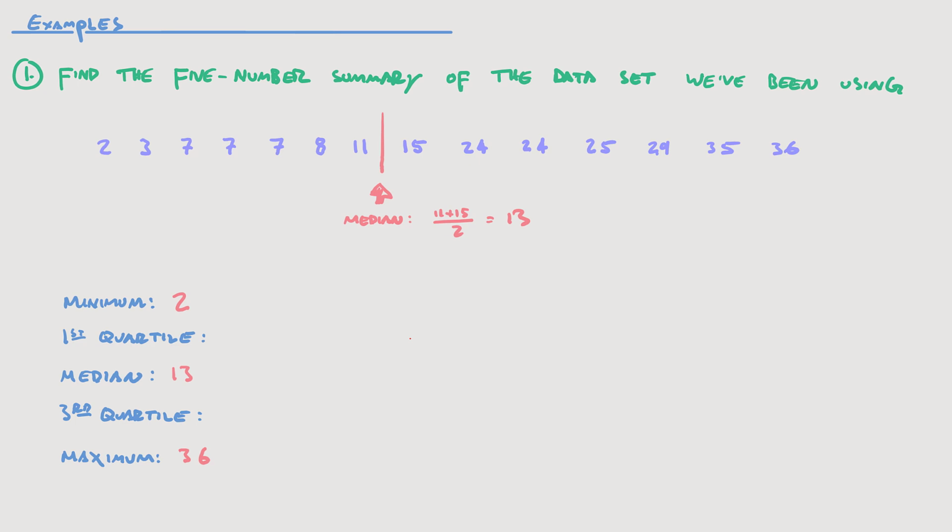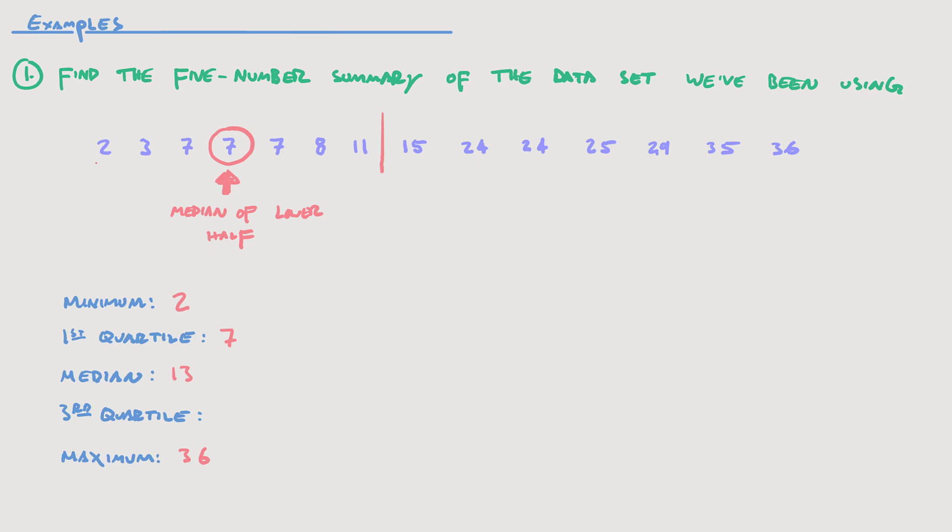Well, like the median does, it splits the data in half. There's 7 numbers in the lower half and there's 7 numbers in the upper half. Because 7 is an odd number, we can actually just count to find what the middle number is in both of these cases. In the lower half, 7 is the median, right?